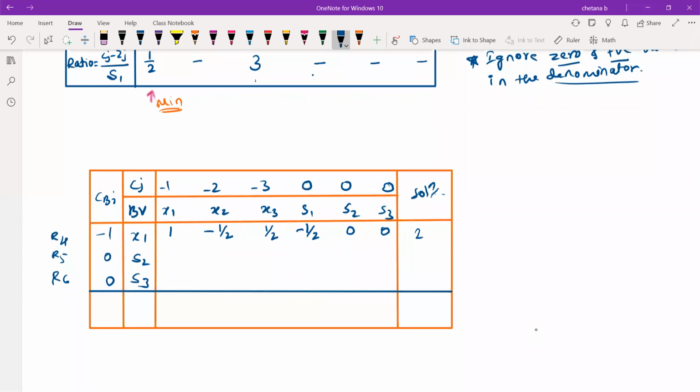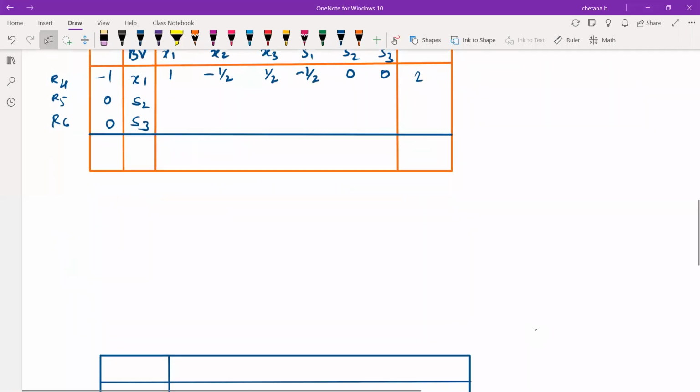Okay, then comes R5. To find R5, you have the equation: old value minus key column value multiplied by R4.